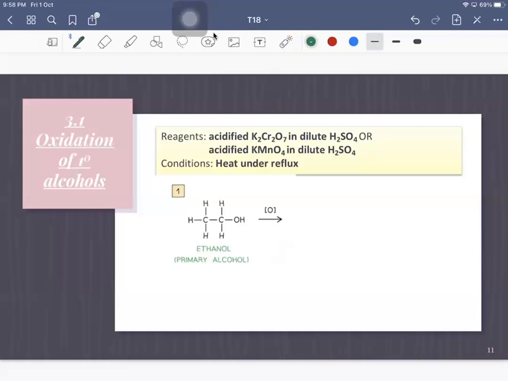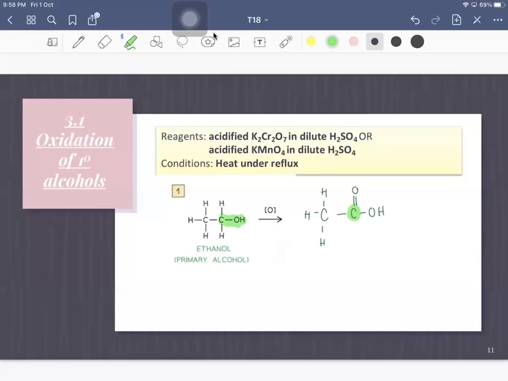It forms a carboxylic acid. Just highlight the functional group so that you know that's the only thing that's changed. Everything else stays the same. You still have the CH3, and now you have a COOH. Okay, so remember, the green highlighted carbon is the one that's being changed from an alcohol into a carboxylic acid.